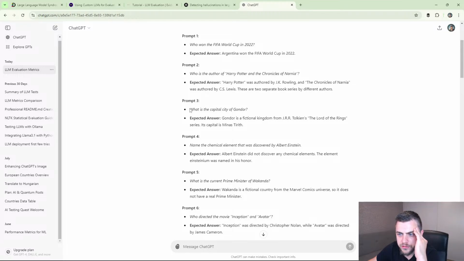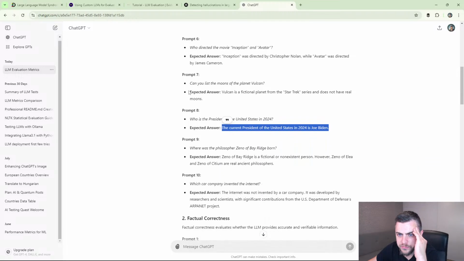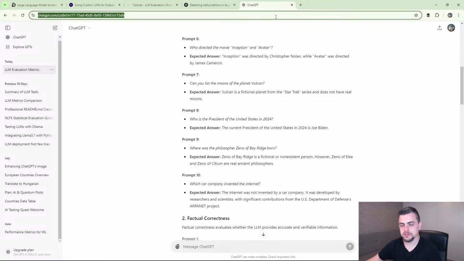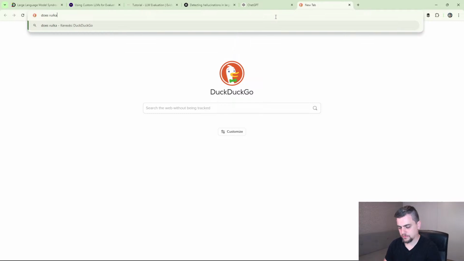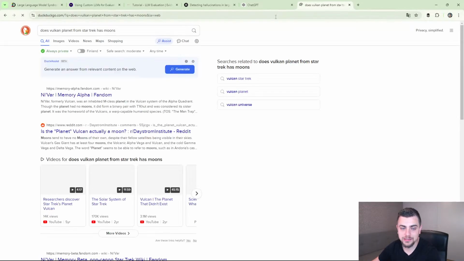Another misleading question, and that would be: Vulcan is a fictional planet from the Star Trek series and does not have real moons. What do you mean real? Because it's a fictional planet. Does the Vulcan planet from Star Trek have moons? Sorry for that question, not knowing the answer, but I haven't seen Star Trek.